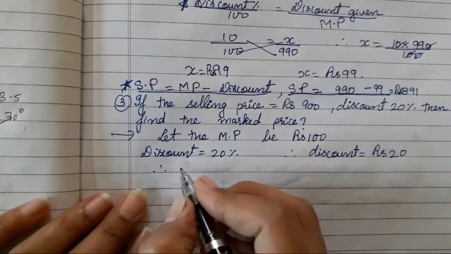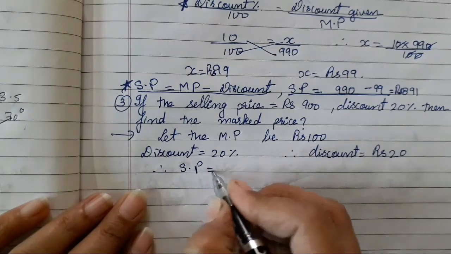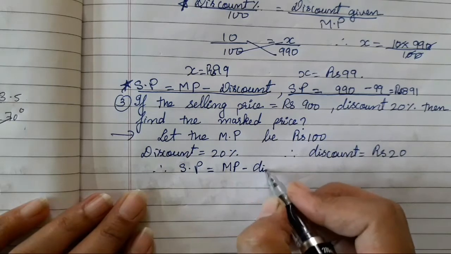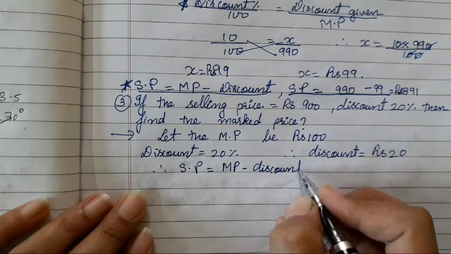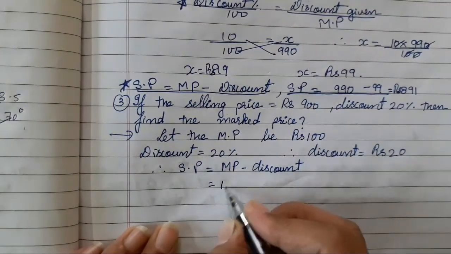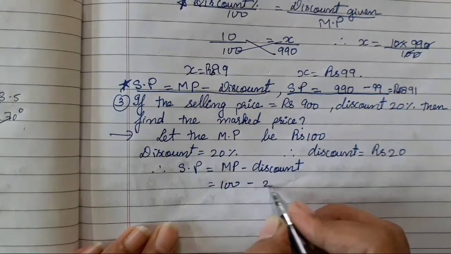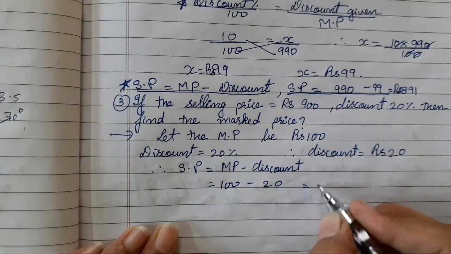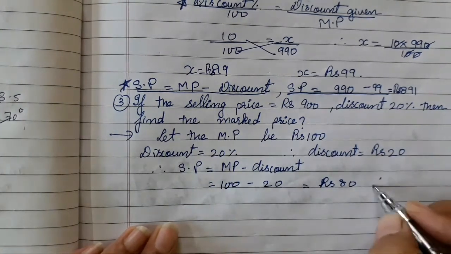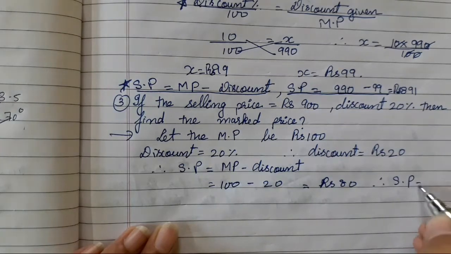Now, from the formula, SP is equal to MP minus discount. Marked price was 100 minus 20, which will be rupees 80. So we have got selling price as rupees 80.